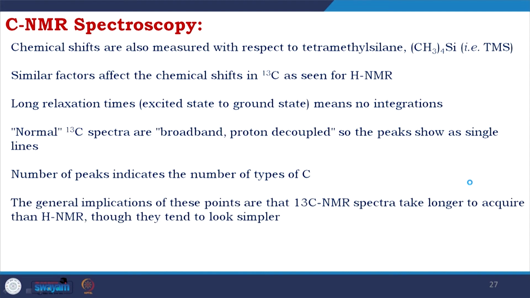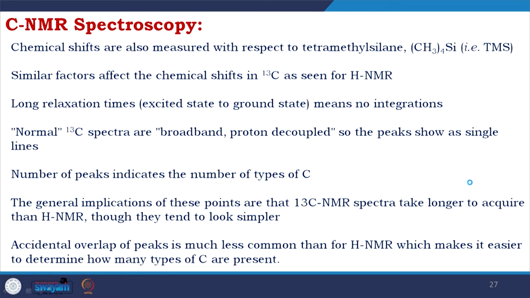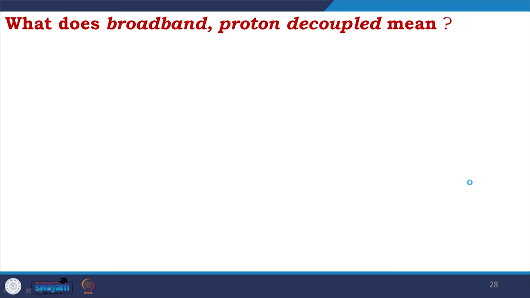The general implication is that 13C NMR spectra take longer to acquire than H-NMR, though they tend to look simpler than proton NMR. Accidental overlap of peaks is much less common, which makes it easier to determine how many types of carbon are present.